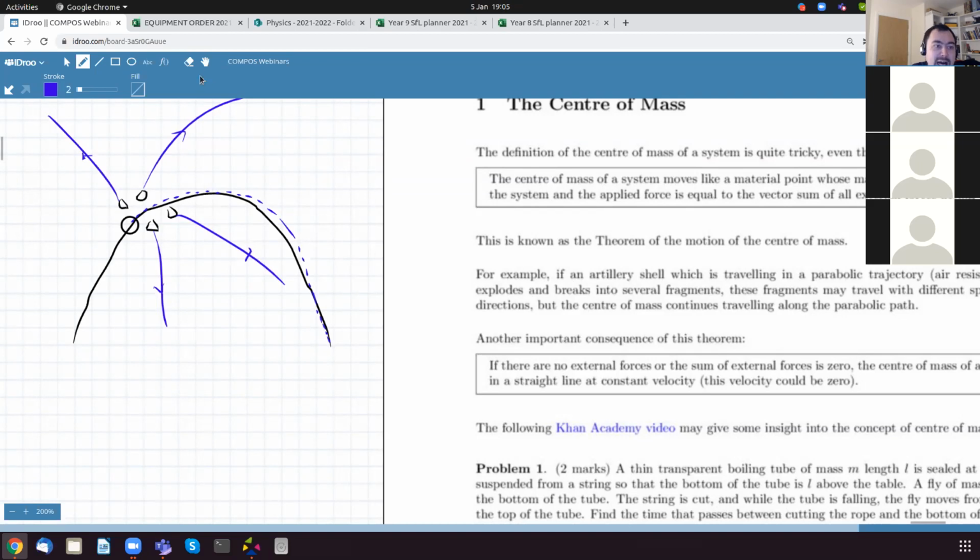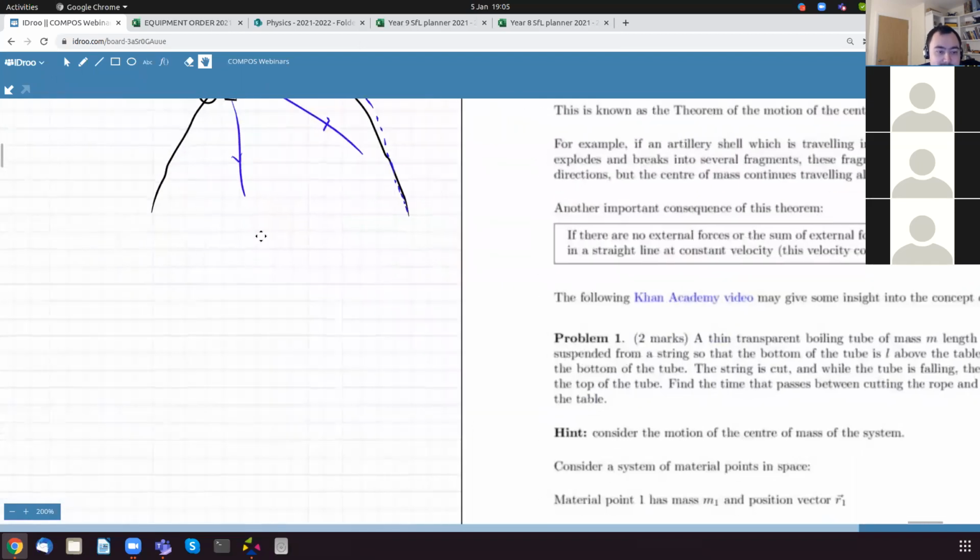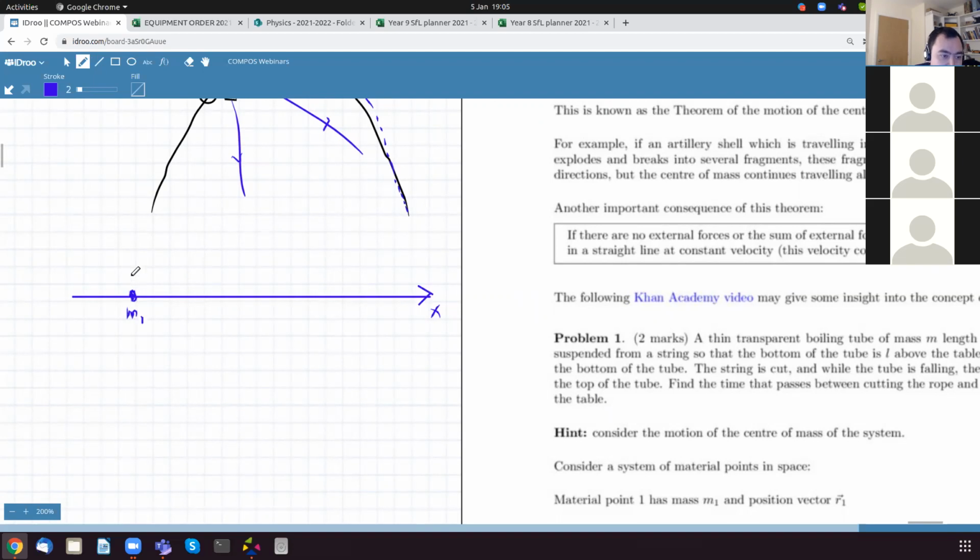But before that, we need to know how to find the center of mass. Well, to find the center of mass, let's say we have the x-axis. We'll do it in one dimension first. We have a mass m1 at position x1. We have mass m2 at position x2, and we have a third mass m3 with x-coordinate x3.